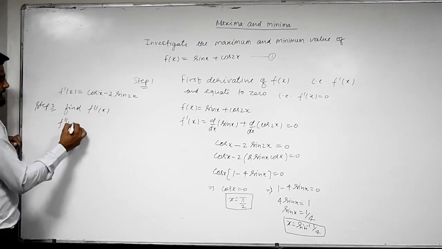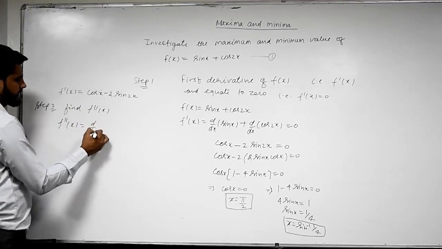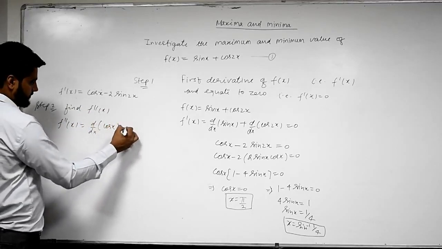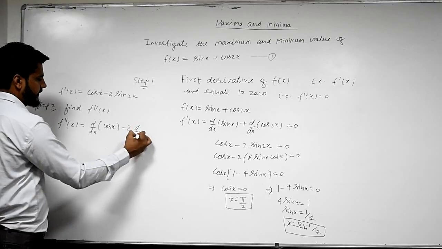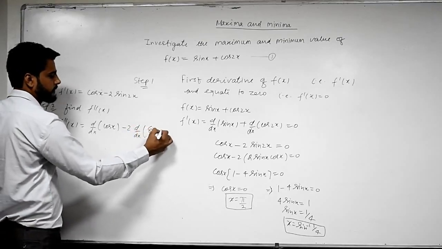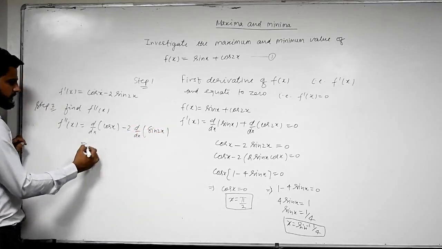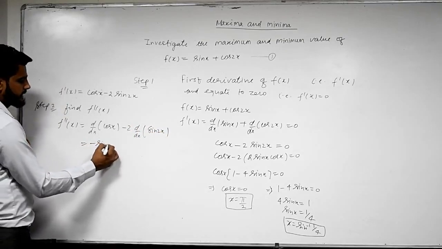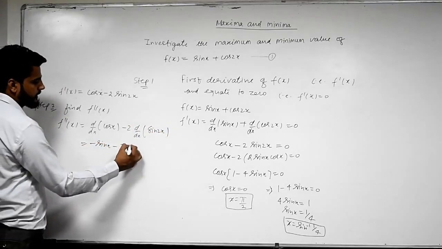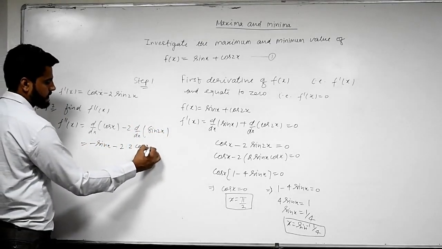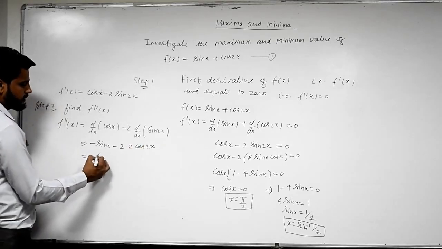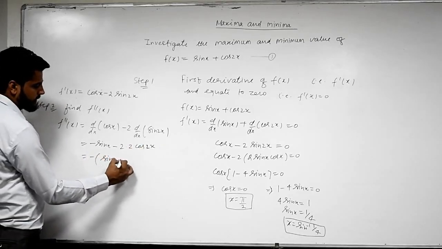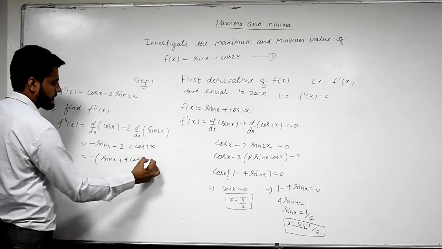That means f''(x) equals the derivative of cos x minus 2 times the derivative of sin 2x. The derivative of cos x is minus sin x and the derivative of sin 2x is 2 cos 2x. Taking minus common, this is minus (sin x plus 4 cos 2x).